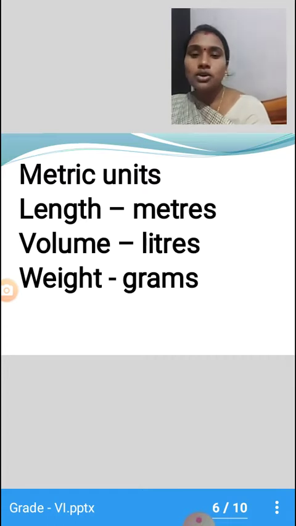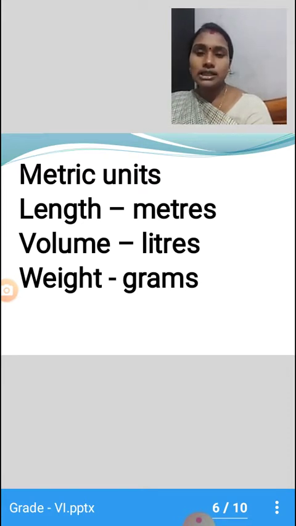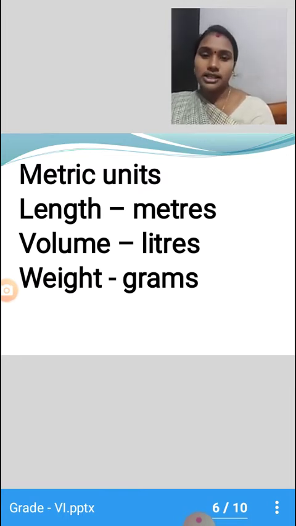When you go to the tailor's shop, the tailor asks you the length of the cloth in terms of meters. So length is always measured in terms of meters.